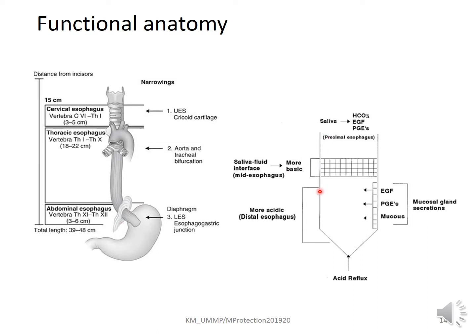As you can see here, the upper part, the proximal part of the esophagus, is exposed to saliva. So we have bicarb, epidermal growth factor, and prostaglandin E here. But the distal part of the esophagus seems to be more acidic because of the acid regurgitation from your stomach. So the esophageal mucosal glands can secrete epidermal growth factor, prostaglandin E, and mucus.